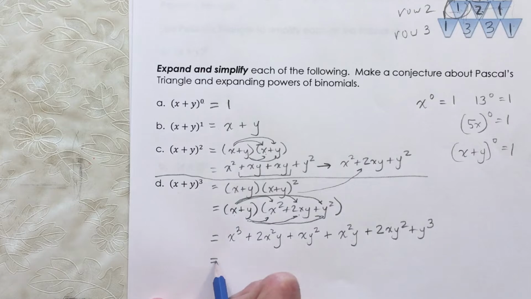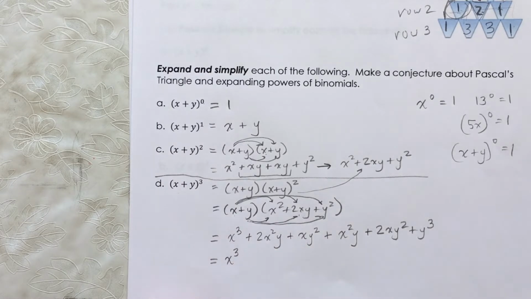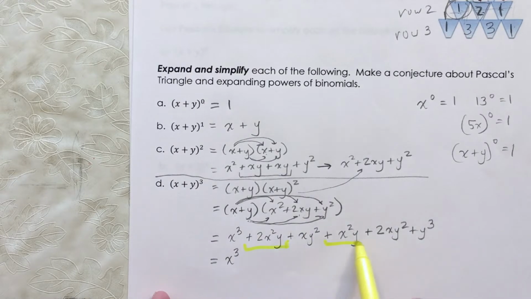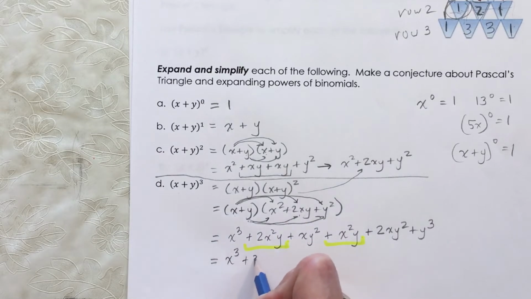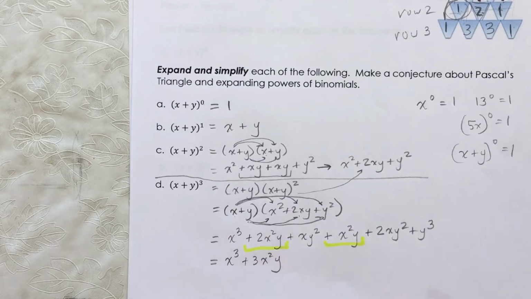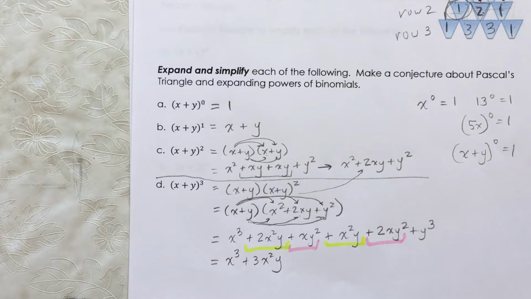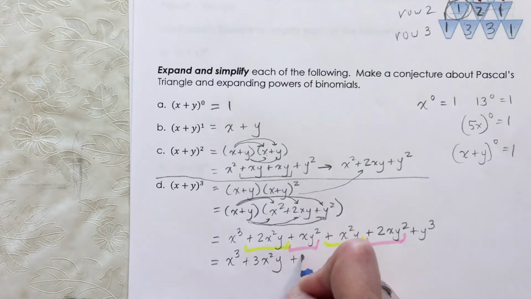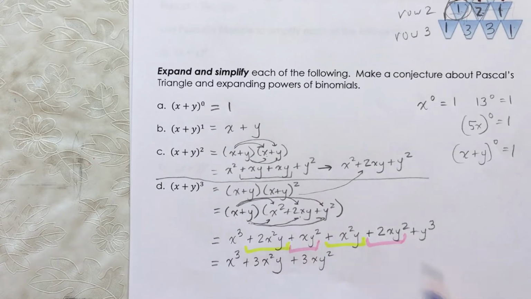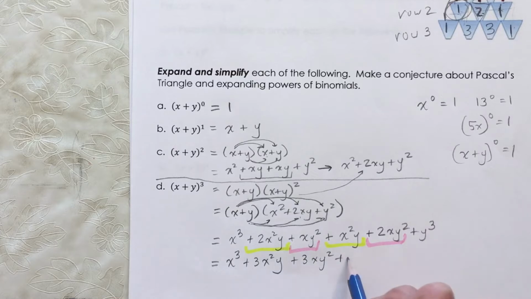And then if I simplify any like terms, I've got a 2x squared y and a 1x squared y that gives me 3x squared y. And then I've got an xy squared and a 2xy squared that I can add together to get 3xy squared. And then I have the y cubed.